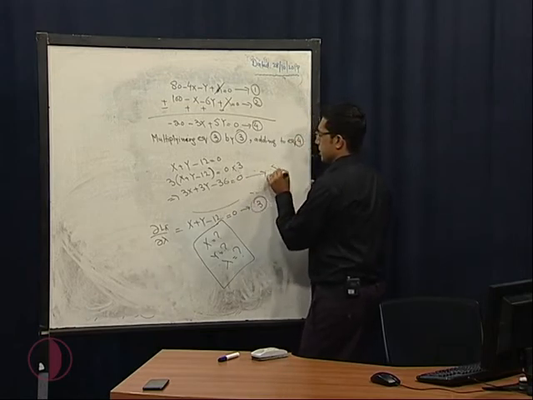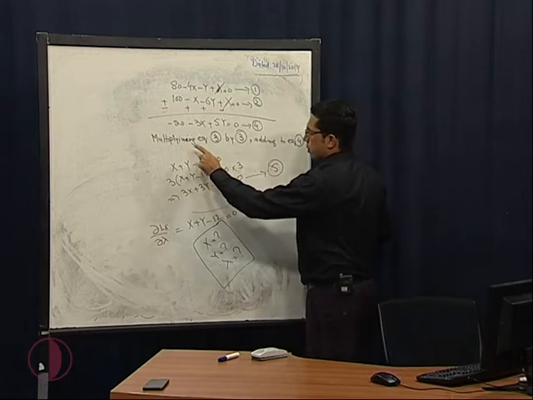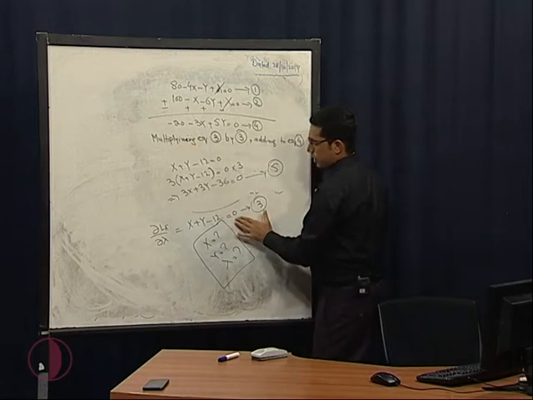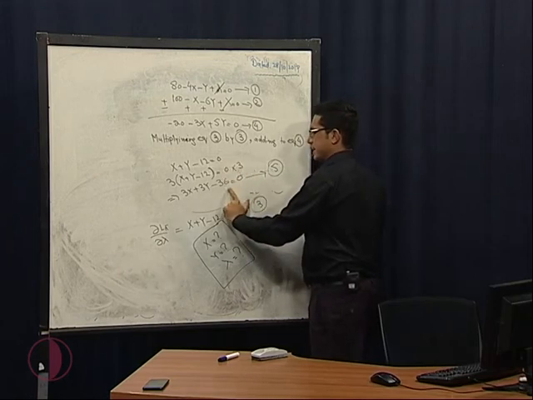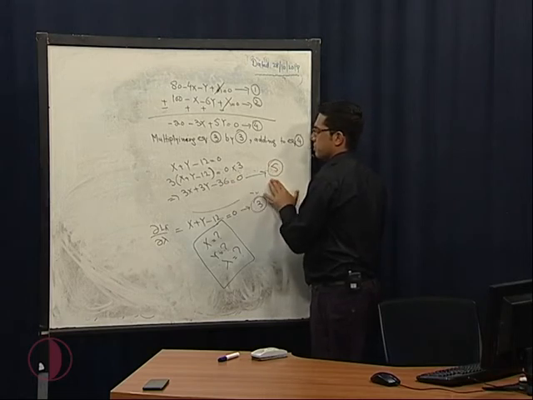Suppose this is equation 5. We have multiplied equation 3 with 3, and this is the resulting new equation which we denote with 5.